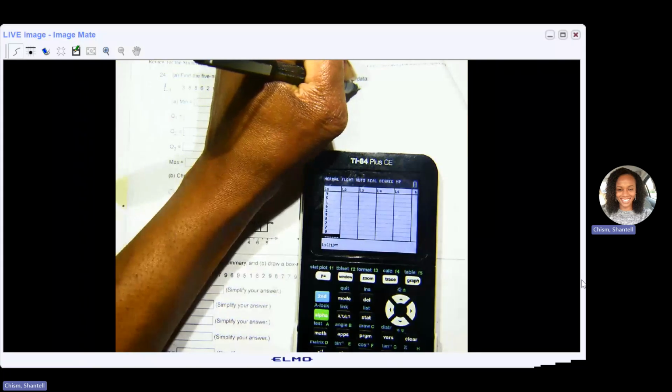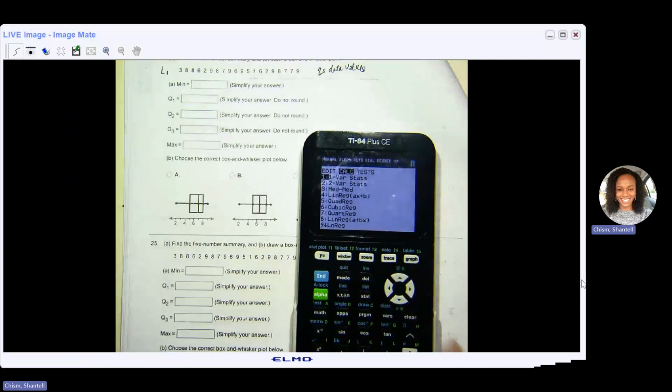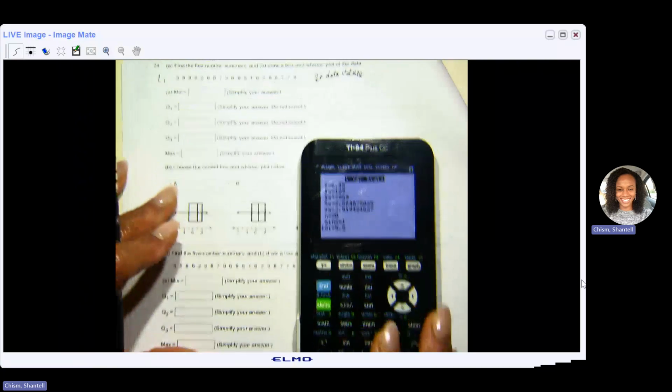Okay, 20 data values. All right, now let's press the stat key. Let's go over to calc, and we're still rocking with 1-variable stats. Go down to calculate, and we're looking for the 5-number summary: the minimum, Q1, Q2, Q3, and the max. Then we'll do a little sketch.